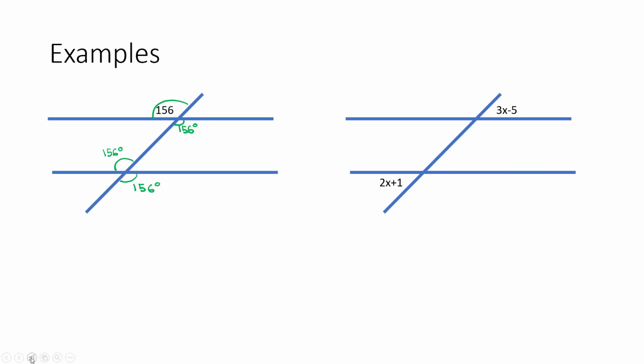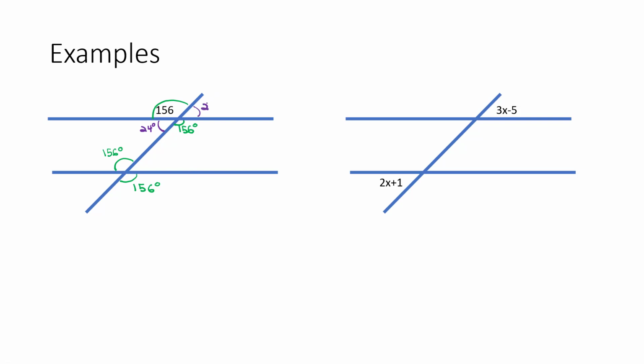They're all 156 degrees. In fact, we can even tell you what the acute angles measure because these angles are supplementary. 156 and the acute angle together make a straight line. So 180 minus 156 is going to be 24 degrees. So we know this acute angle underneath is 24.